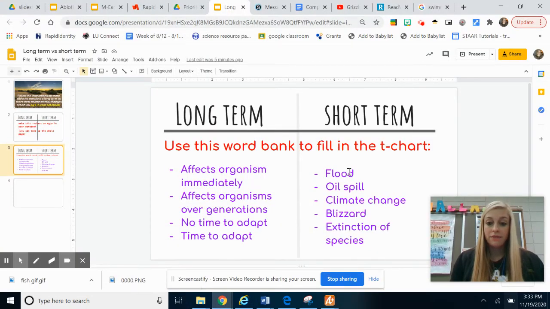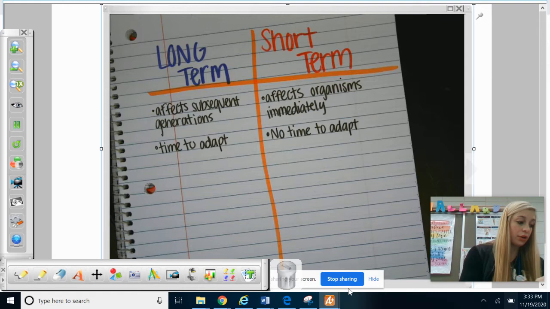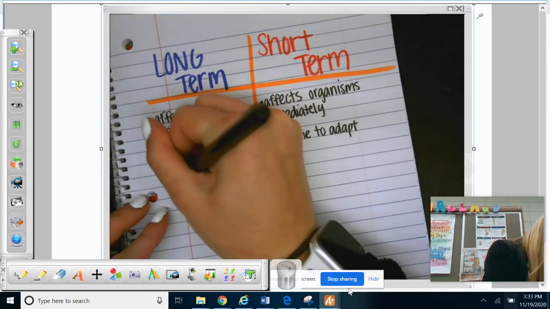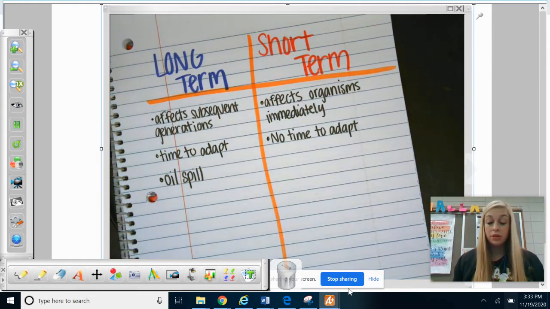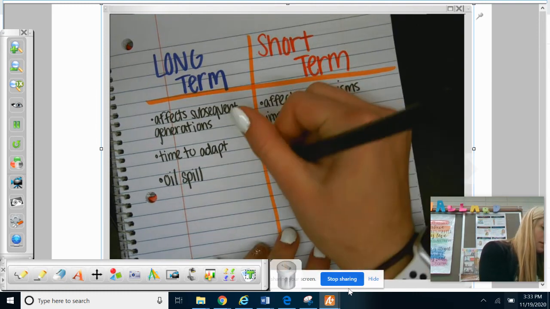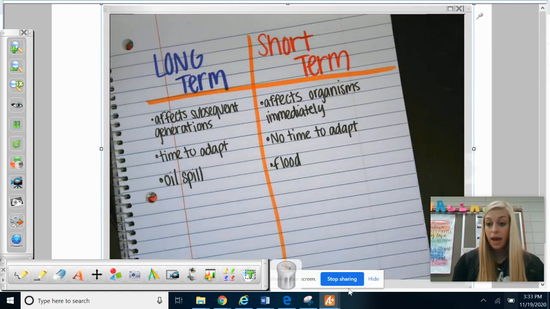All right, next we have flood and oil spill. You should know from your warm-up that oil spill goes on long term. Most oil spills will cause lasting effects for a long time to come. Whereas a flood, it's dramatic, it's scary, it's bad. But think about Houston.